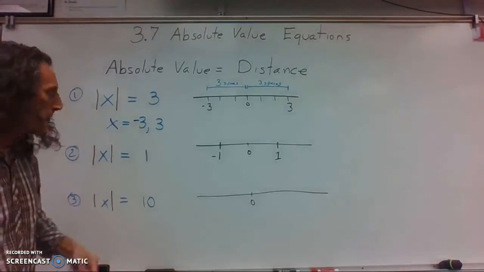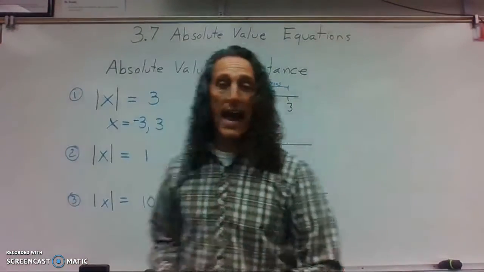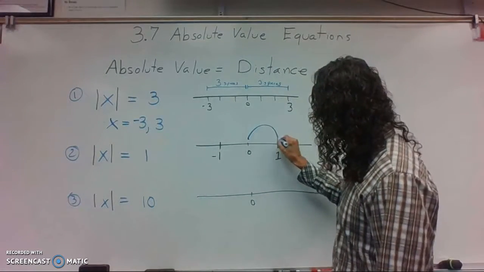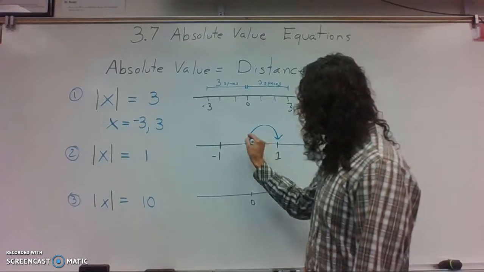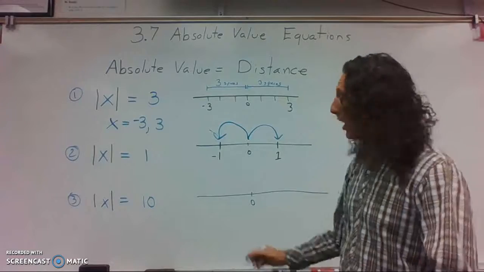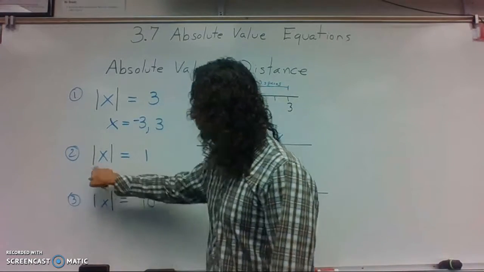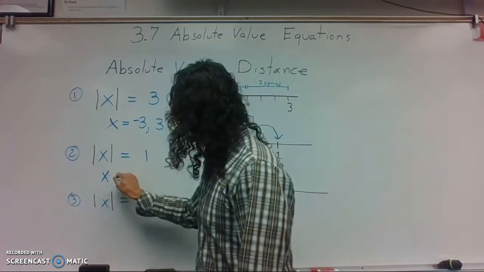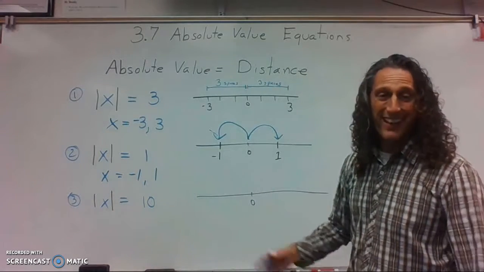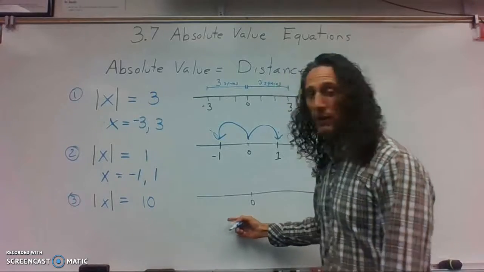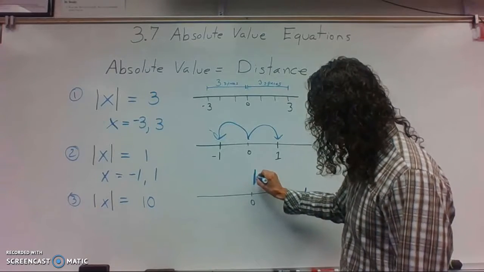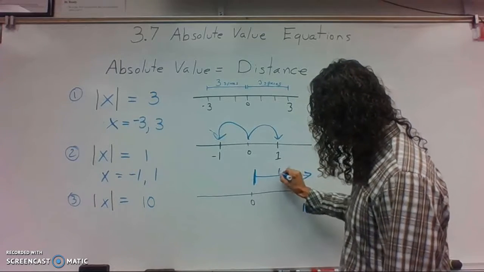It's that simple, right? If I have the absolute value of 1, it just means 1 space that way, and then 1 space that way, right? So then, all we have is drop the 2 lines, and just put x is -1 and +1, and pretty much you can guess what we're going to do on this one also. 10, so if I make a space from here to here, that's 10.